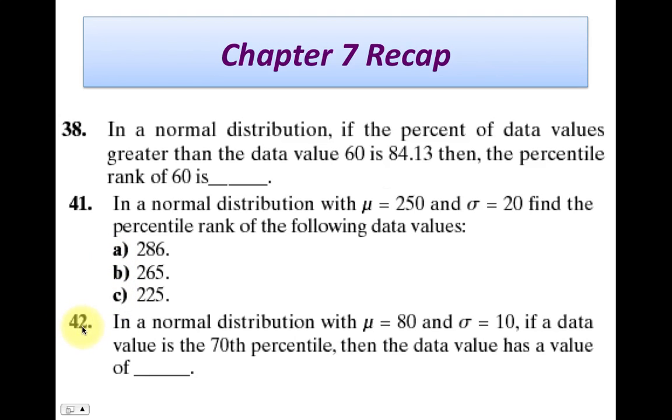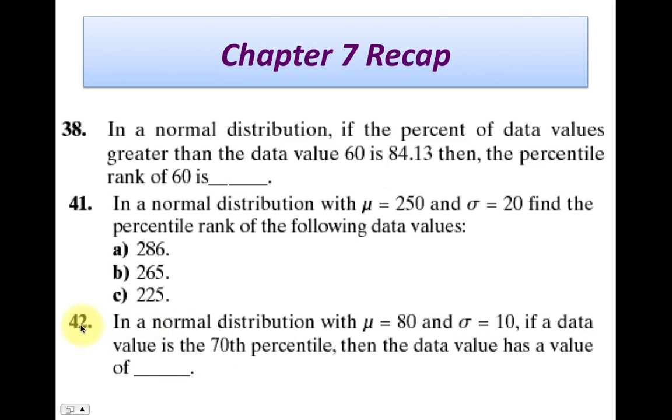Okay, number 42. If the mean is 80, the standard deviation is 10, and it's a normal distribution, if you have a data value at the 70th percentile, then the data has a value of, so it's basically using the fact that the lower 70% of the bell curve is being shaded in, and you have to find what data value cuts off that bottom 70%.